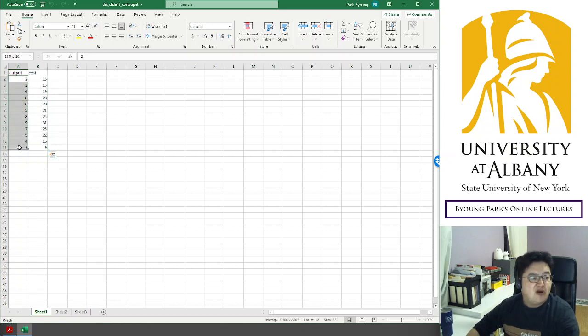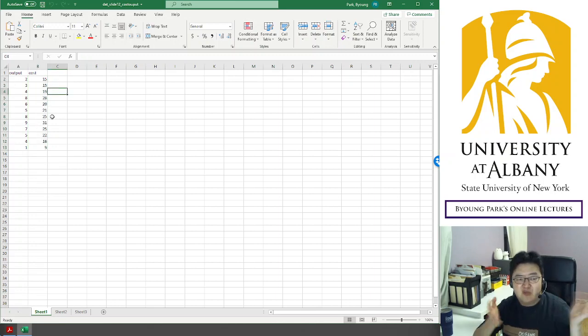There are 12 observations on output and another 12 observations on the cost. Of course it's really simple data. In practice, you are going to have many more observations or many more variables.